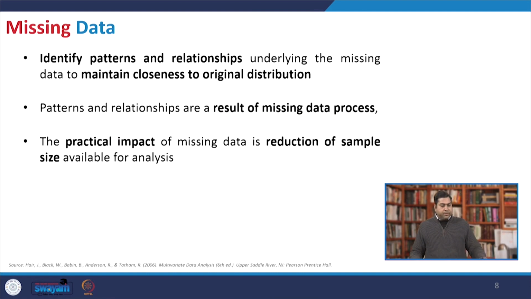Now, talking about the missing data, this is basically to identify the patterns and relationships underlying the missing data, to maintain a closeness to the original distribution.